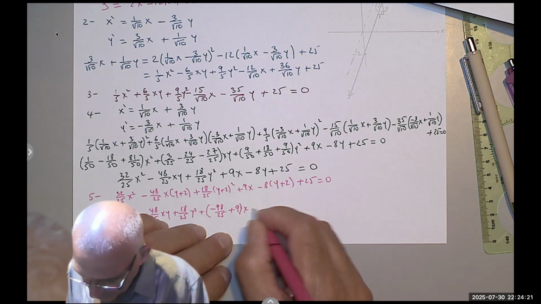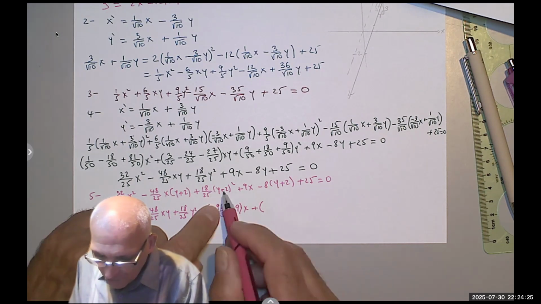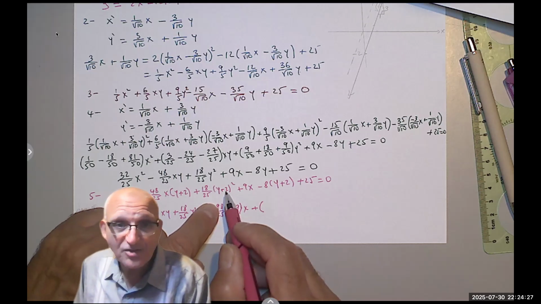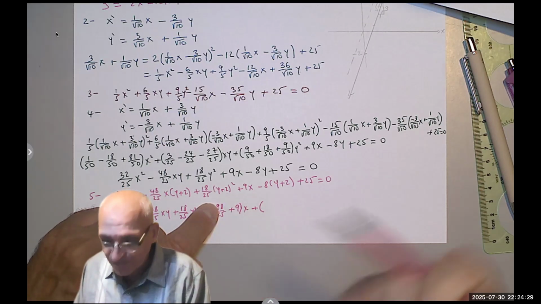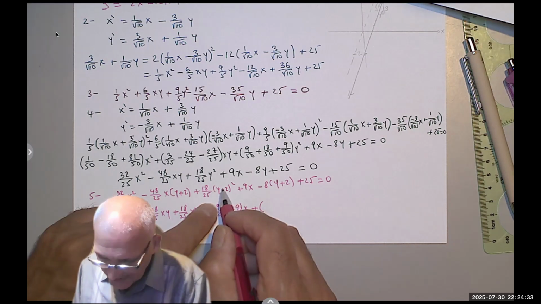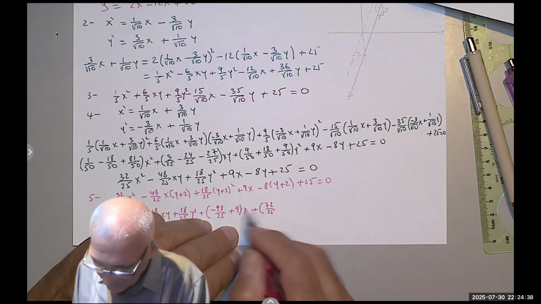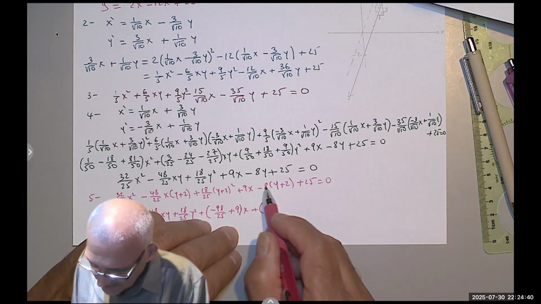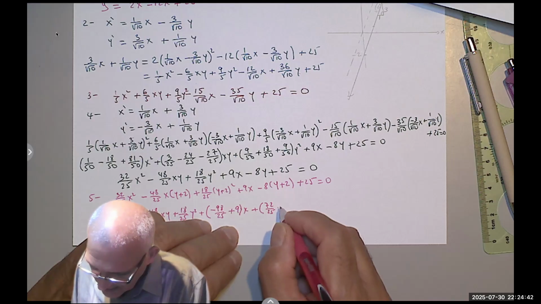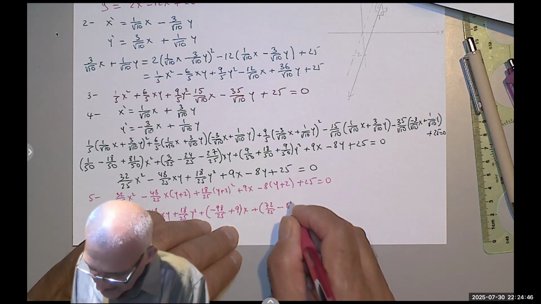And then how about the y? Here I have y plus 2 squared. When you expand that, you get y squared plus 4y plus 4. So the y has a coefficient of 4 times 18, which is 72 over 25. And then negative 8y, so minus 8y.